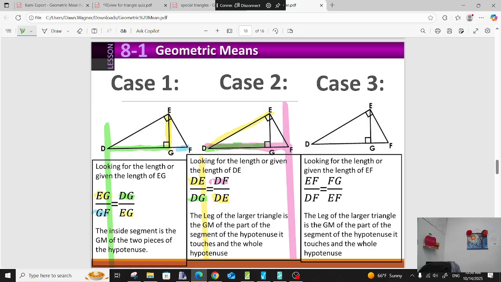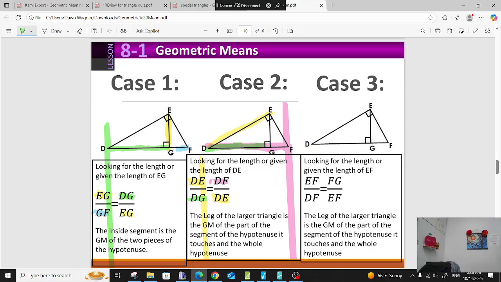Okay, now this one flips. I have EF. EF is seen twice, right? EF is the geometric mean, the side it touches and the whole hypotenuse. It uses the two pieces of the hypotenuse is the one that comes from the center.